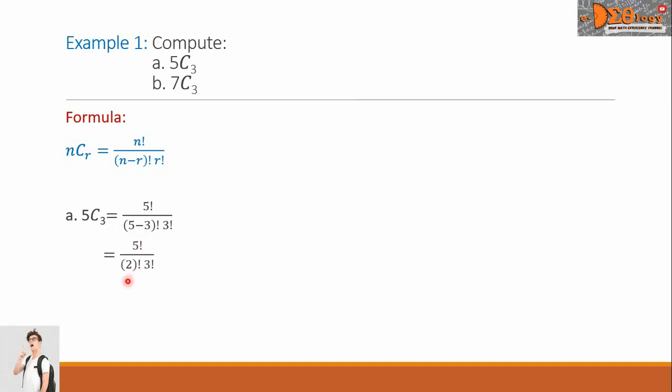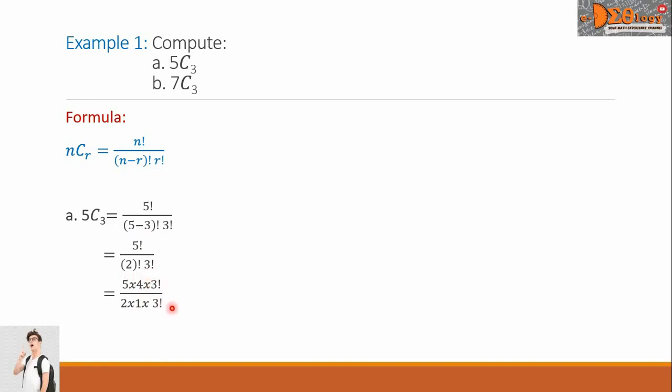And then let us simplify the factorials. In the numerator, we have 5 times 4 times 3 factorial. In the denominator, the 2 factorial becomes 2 times 1. And the 3 factorial, we will keep as is.